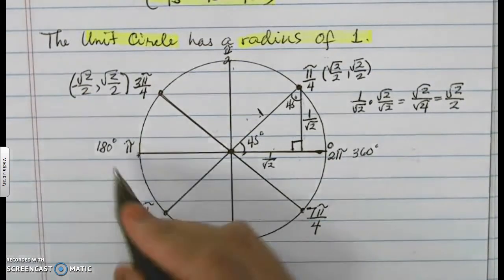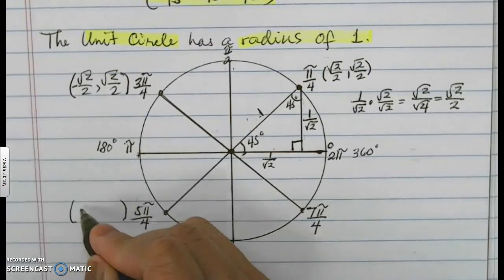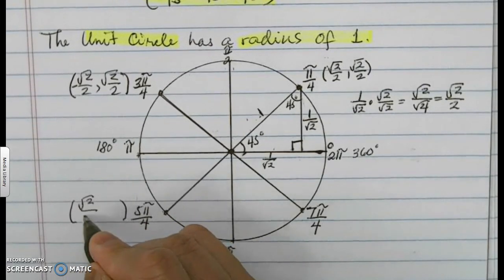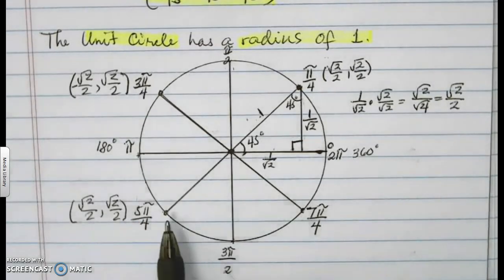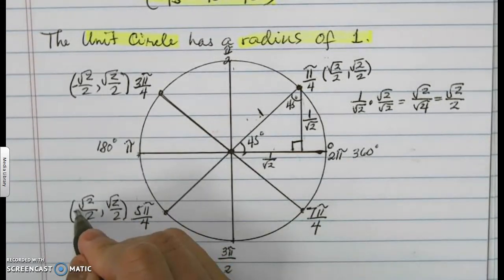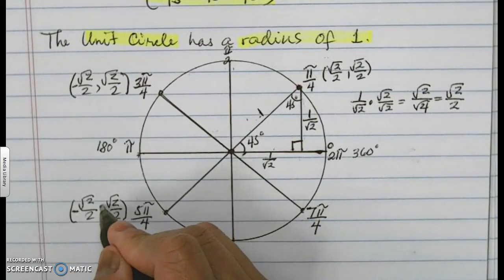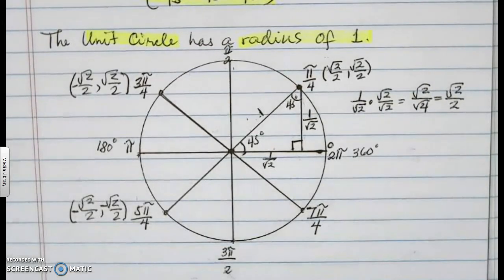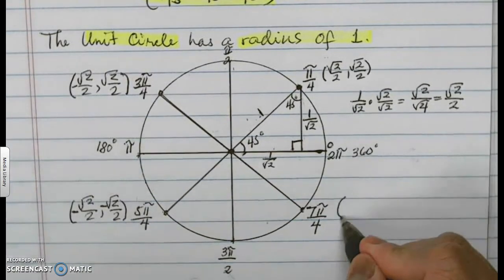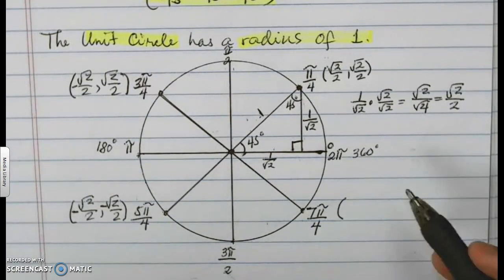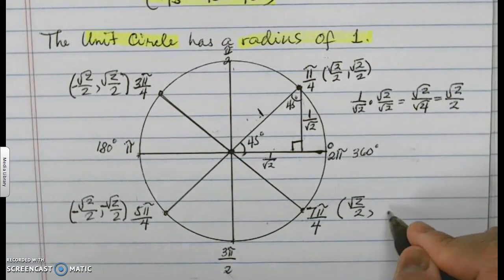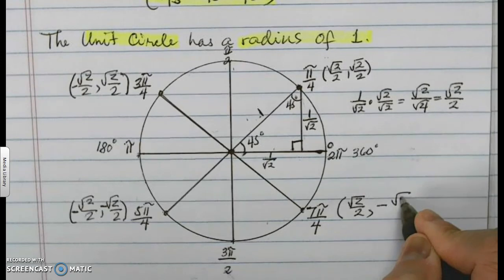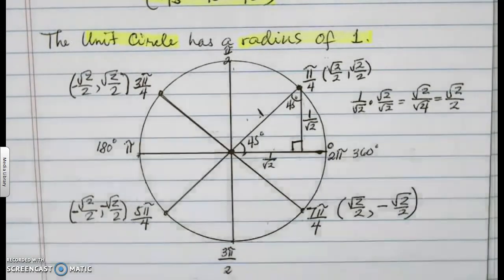In the third quadrant, following the same coordinates, you're going to have square root of 2 over 2, comma square root of 2 over 2, but this time both x and y are negative. In the fourth quadrant, you are going to have a positive x and a negative y.